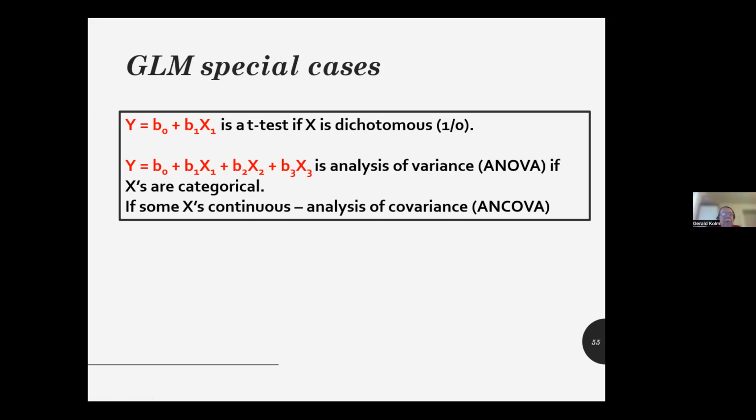If the independent variables, the x's here, are all categorical, then we have what's called analysis of variance. And the x's here can be either dichotomous or categorical. It doesn't matter. If some of the x's are continuous, then we have what's known as analysis of covariance.